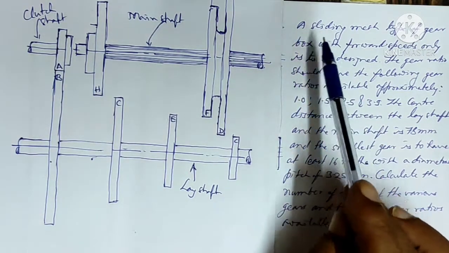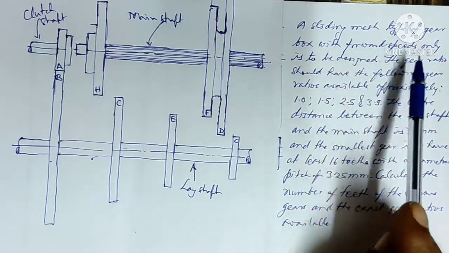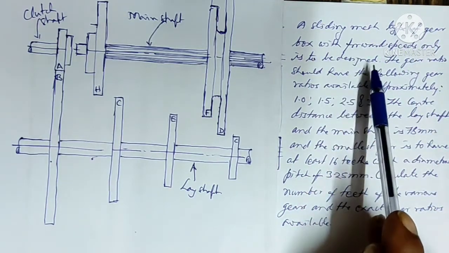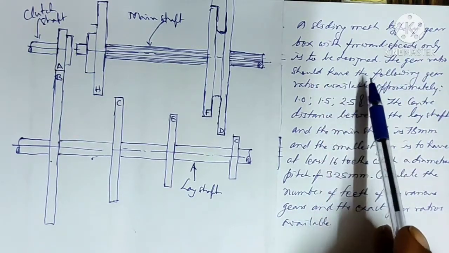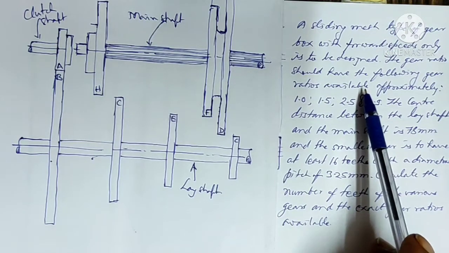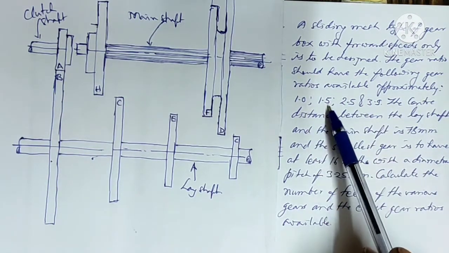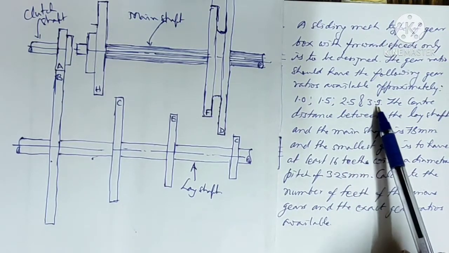A sliding gear mesh type of gearbox with forward speeds only is to be designed. The gearbox should have the following gear ratios available: approximately 1, 1.5, 2.5 and 3.9.